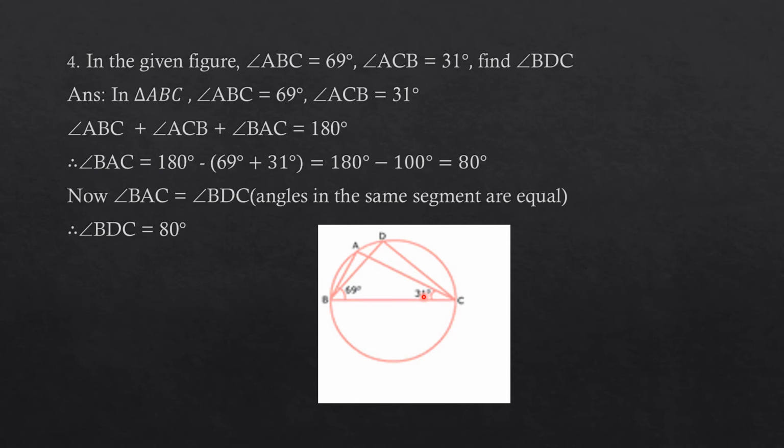Using angle sum property, we can find angle BAC, which is 180 degree minus of 69 degree plus 31 degree, which is equal to 80 degree. Since angle BAC is equal to angle BDC, we can write angle BDC equal to 80 degree because angles in the same segment are equal.